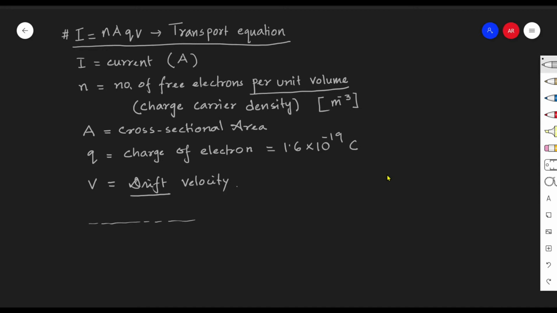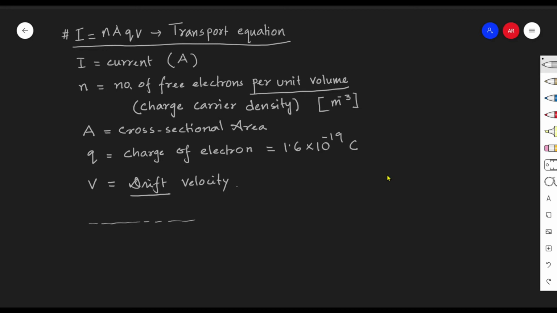n here is the number of free electrons per unit volume. Do remember I underlined this: per unit volume. If you do not write number of free electrons per unit volume, only number of free electrons, you will not get the mark. So you have to write number of free electrons per unit volume, or else you can write charge carrier density.